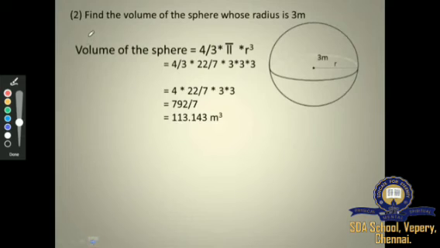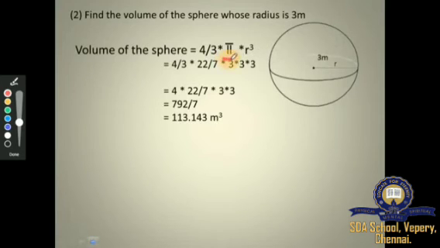The next sum is to find the volume of the sphere whose radius is 3 meter. We have to find the volume of the sphere, and the radius of the sphere is given to be 3 meter. The volume of the sphere formula we know: volume of the sphere is equal to 4 by 3 into pi into r cube.